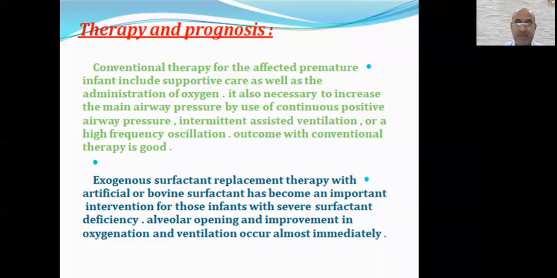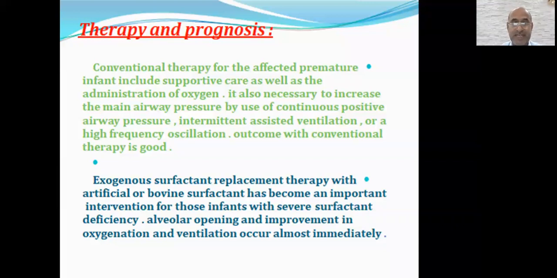To deal with the essential cause of this problem, we can start with exogenous surfactant. Surfactant has become an important intervention for those infants with severe deficiency. Alveolar opening and improvement in the oxygenation occur almost immediately.